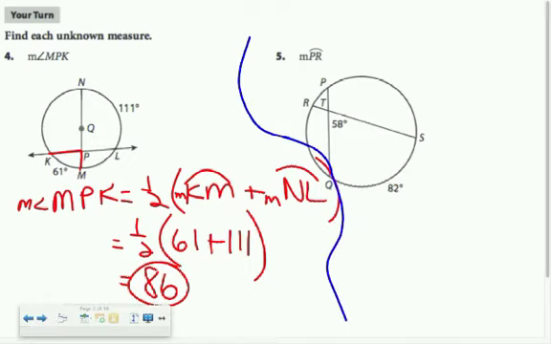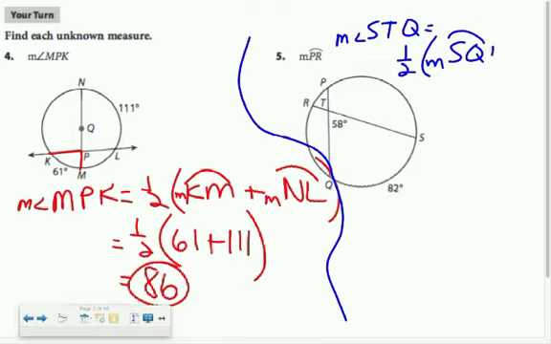Number 5, this time I'm asked for arc PR. Notice that angle STQ will equal half of the measure of arc SQ plus the measure of arc PR. So when I substitute those values in, I'm going to do that down here.